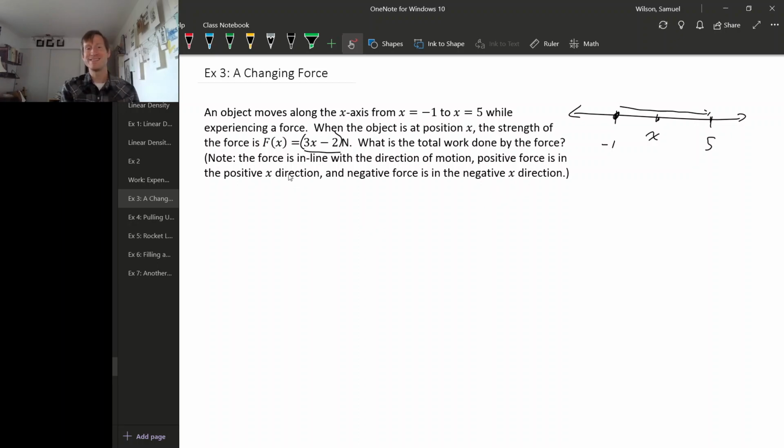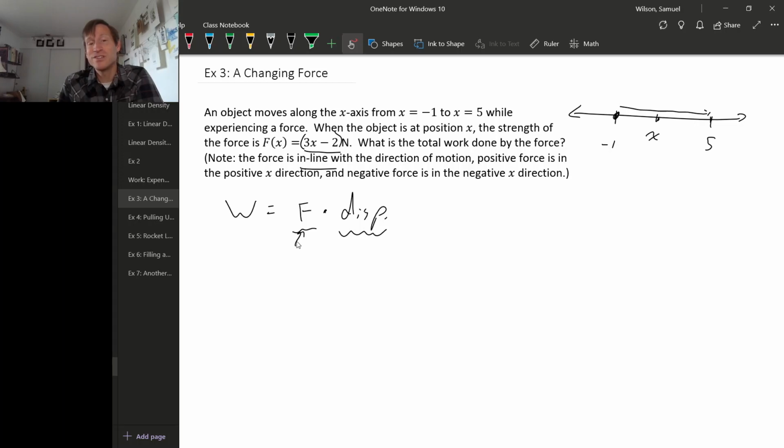It is important in this example that the force is in line with the direction of motion. Positive force is to the right, and negative force is to the left. This definition of work, force times displacement, only works if the force is constant. So we need to somehow break things down so that the displacement is so small that the force doesn't have a chance to change.